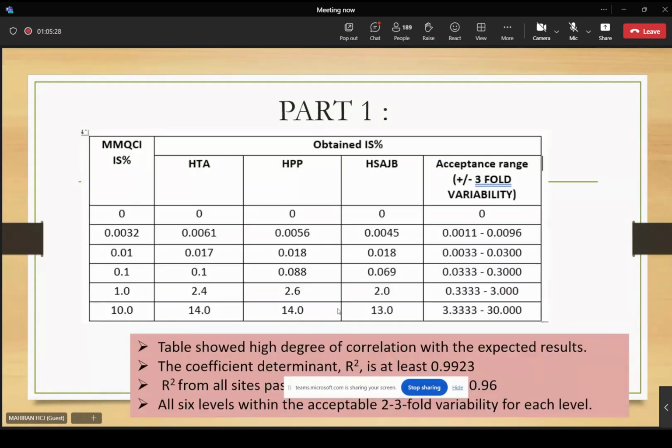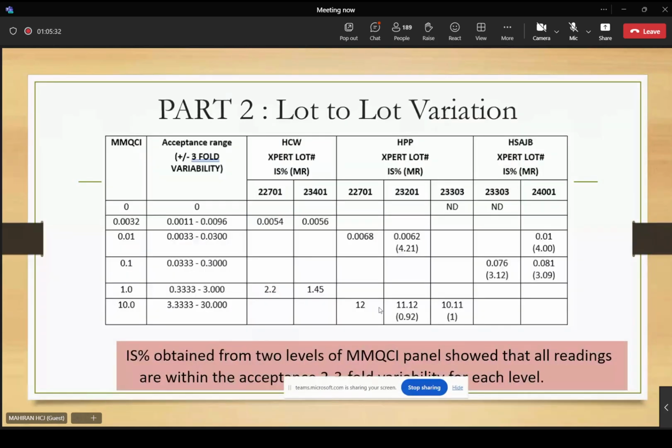Okay, yang ini yang tadi saya dah share untuk R-square. So ini adalah lot to lot variation untuk each hospital. So memang masa melaksanakan lot to lot variation ni, setiap hospital akan dapat lot yang sama lah. Macam HTA ni akan dapat 0.0032 dan 1.0.